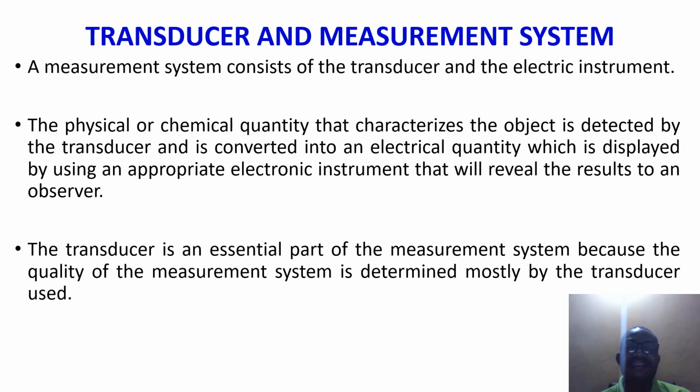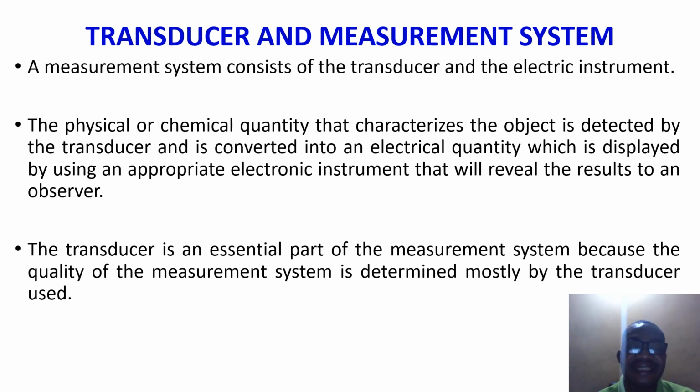So let's look at transducer and measurement system. A measurement system consists of the transducer and the electric instruments. The physical or chemical quantity that characterizes the object is detected by the transducer.